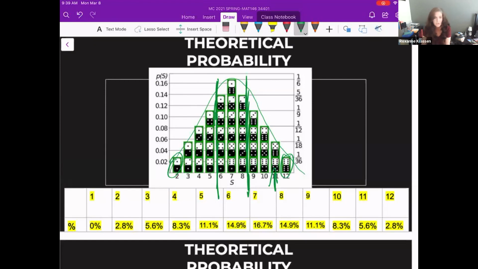So the idea behind this is experimental probability is calculated by doing an actual experiment, rolling dice like we did, right? And collecting our data and putting our number of outcomes over our total and then getting our information. But for theoretical probability, we didn't have to do an experiment at all.